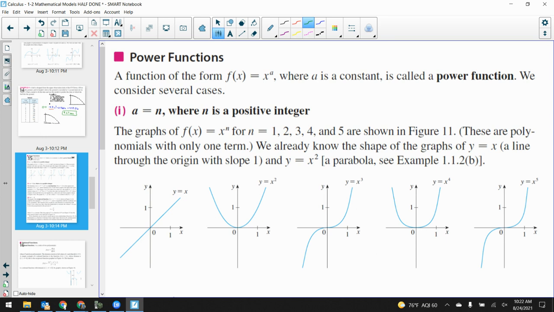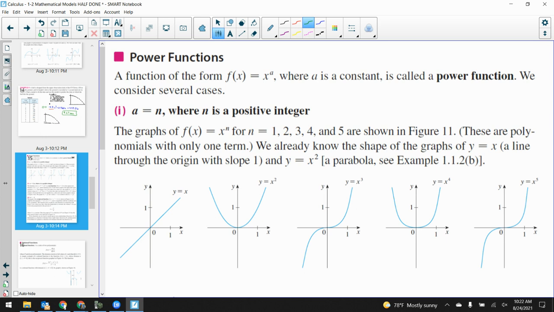Positive even, positive odd, negative odd. So this is positive leading coefficient, even degree; negative leading coefficient, even degree; positive leading coefficient, odd degree; negative leading coefficient, odd degree.